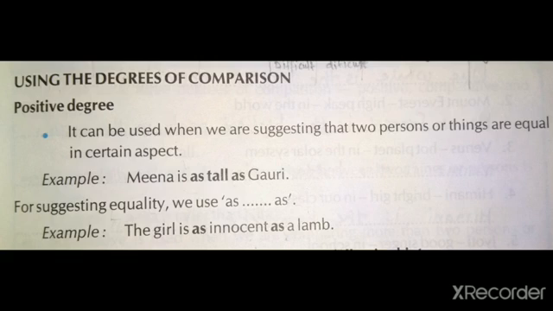Meena is as tall as Gauri means both are the same. That's why we use as, then the adjective, and after that also as. The girl is as innocent as a lamb. Here also we use as with the adjective.